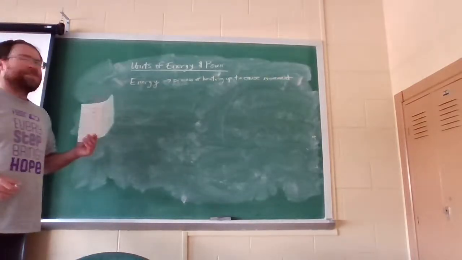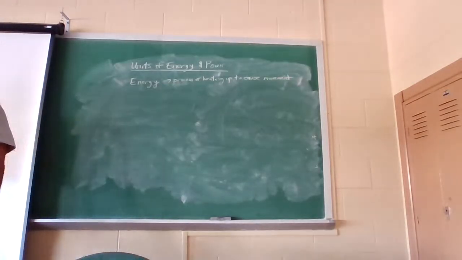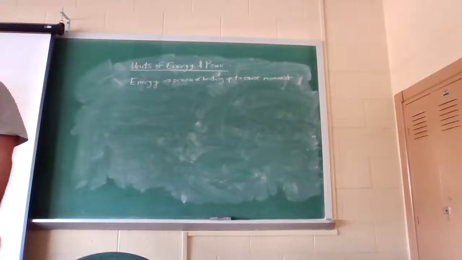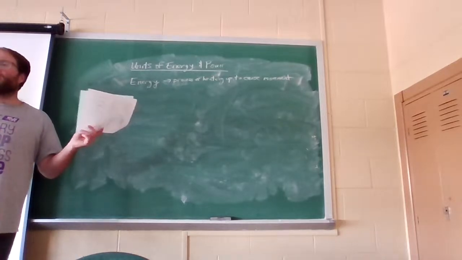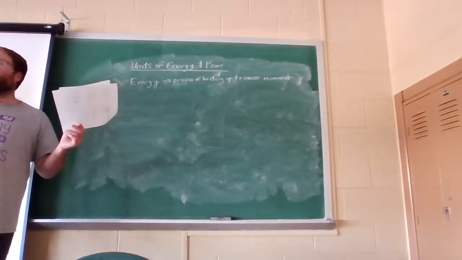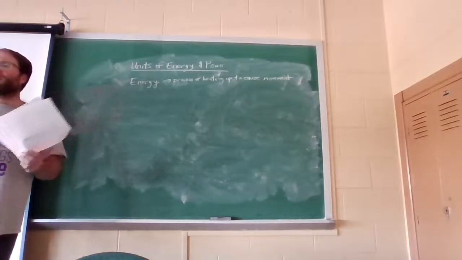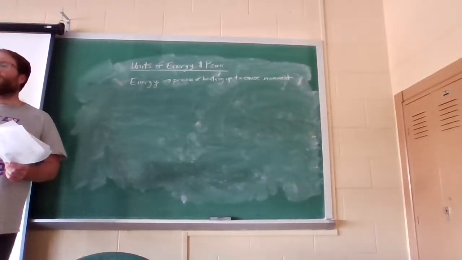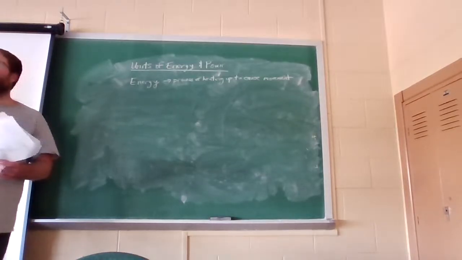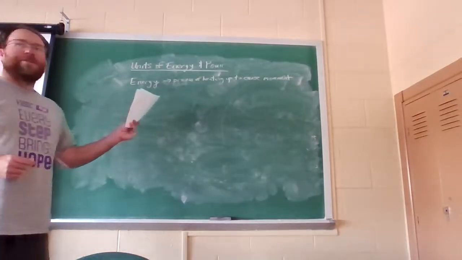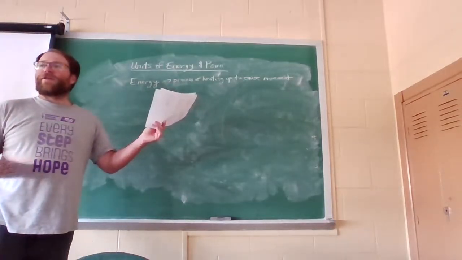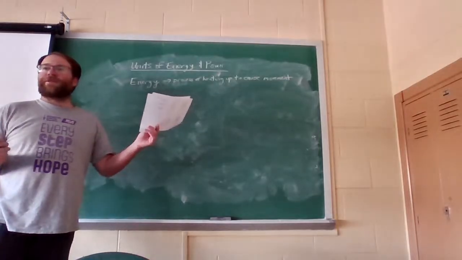So what that means is, if we have two objects that are the same size and the same mass, and one is moving faster than the other, which one is going to be warmer temperature-wise? The one moving slower or the one moving faster? Faster. So generally, the faster that an object moves, the more energy it has, the warmer it's going to be.